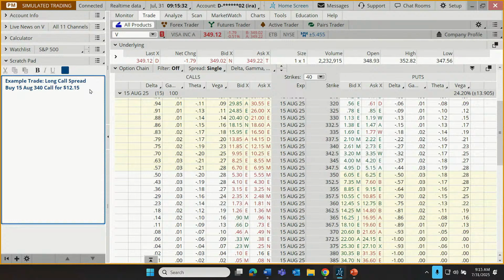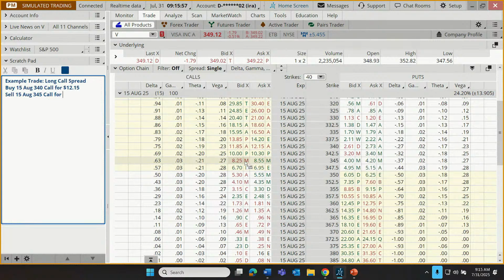We're going to turn this from a long call into a long call spread. At the same time we buy that 340 call, we're going to sell, and let's say for this one, let's sell the 345 call. Sell the 15th of August, 345 call. And that looks like that might bring in between $8.25 and $8.55.